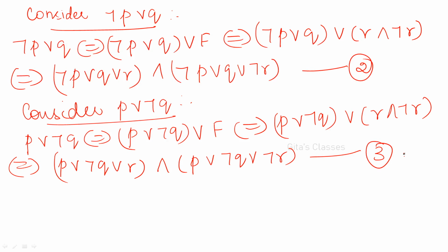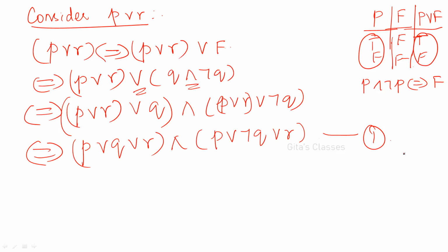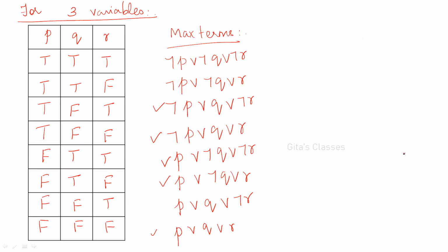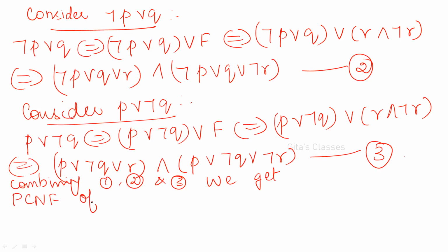Now you write all the expressions together. Combine all these 3. We want and between 1, 2 and 3, right? So 1 and 2 and 3. And please remember, whenever you have repeated terms, you write them only once. So combining 1, 2 and 3, we get the PCNF of the given formula.